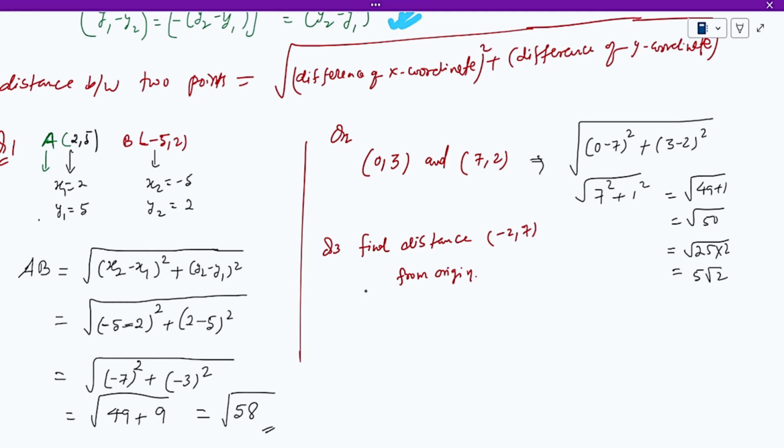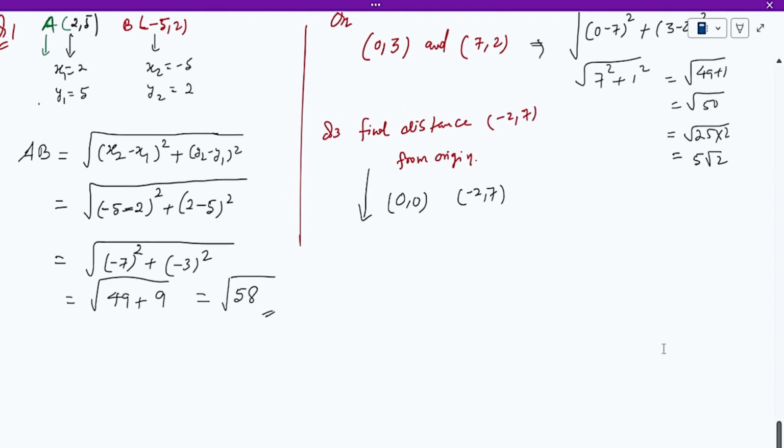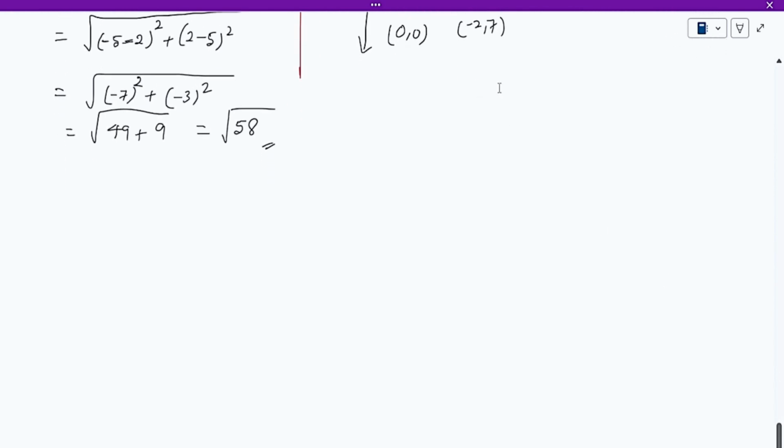Now this one I asked the distance from origin. So the origin coordinate is 0 comma 0, and the point that we have is minus 2 comma 7. Right? So we want to find the distance of these two.